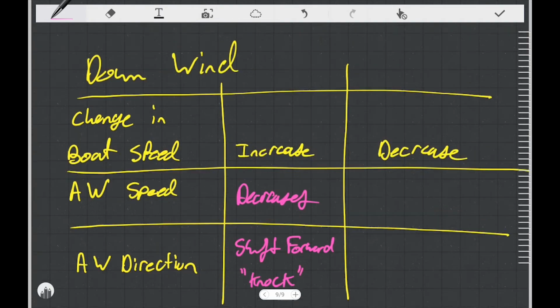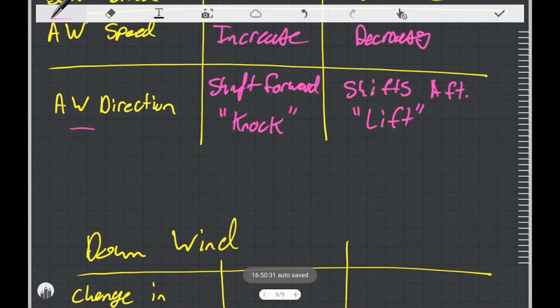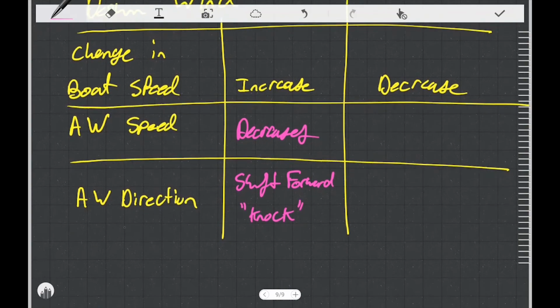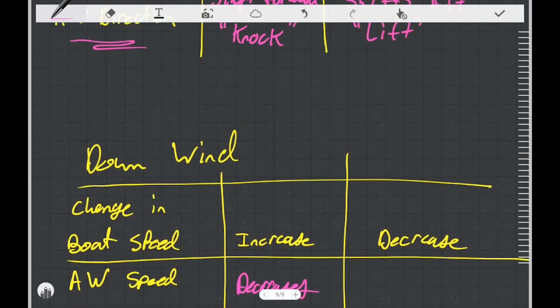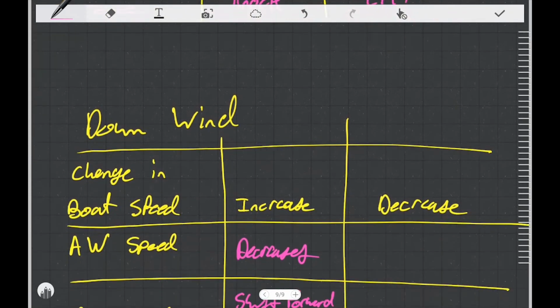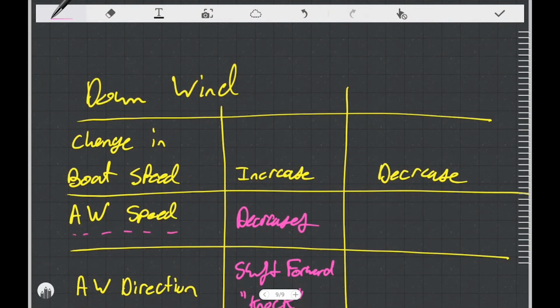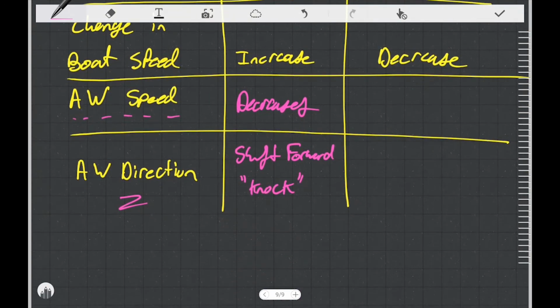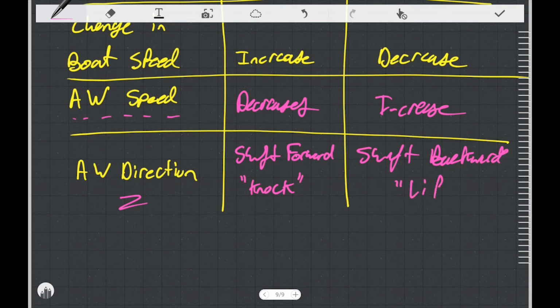So what does that mean? That means that the direction change is the same whether we're going upwind or downwind, but the effect on the speed or magnitude of the vector is not the same. And again, we can fill in this. So you can infer that this is going to increase with a decrease in boat speed, and that the direction is going to shift backwards, which is going to be a lift.